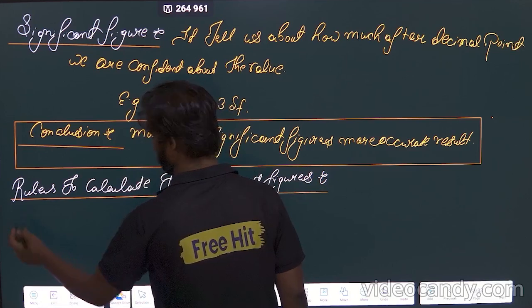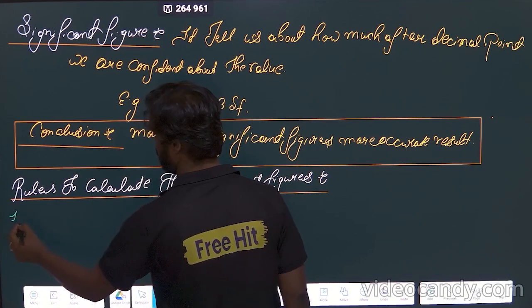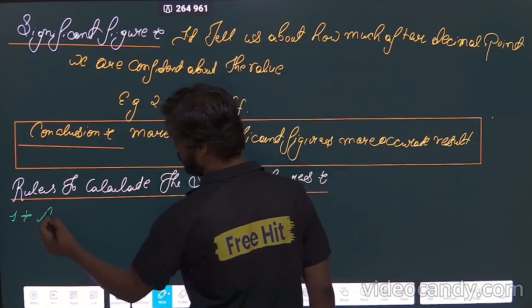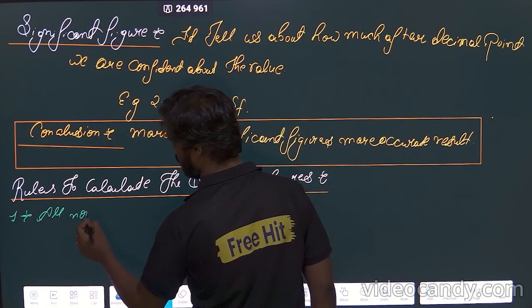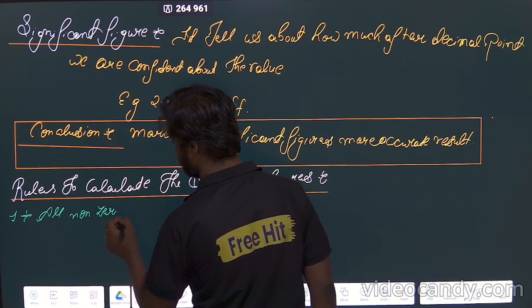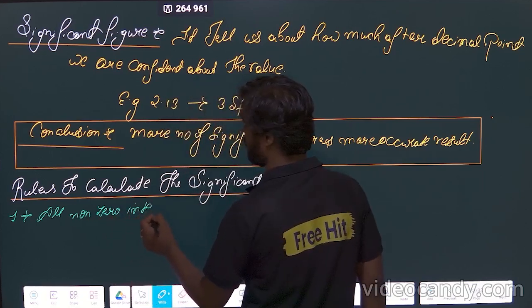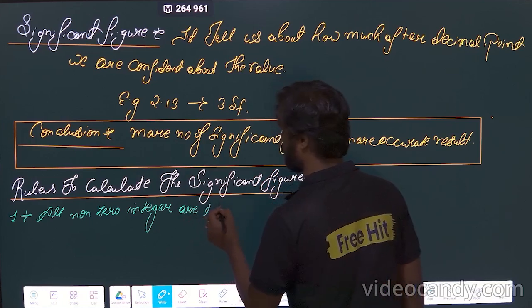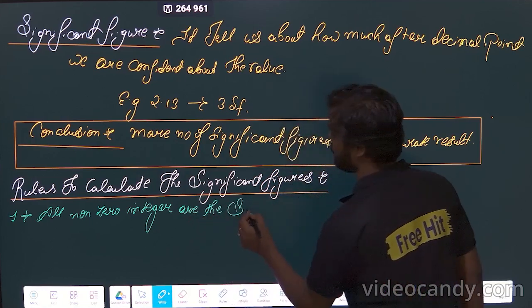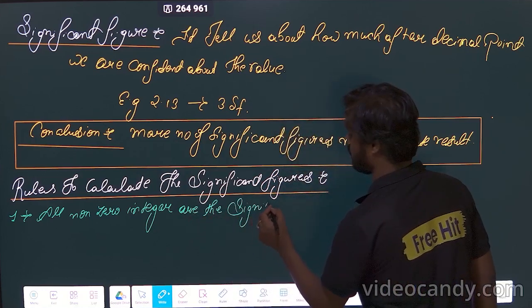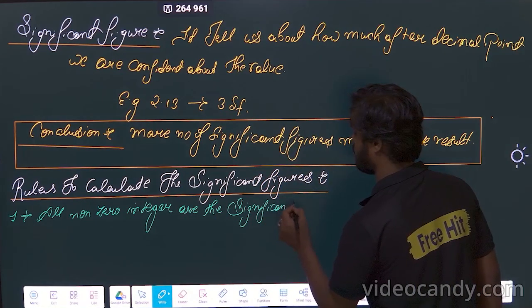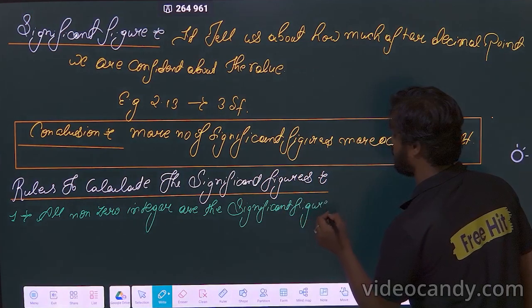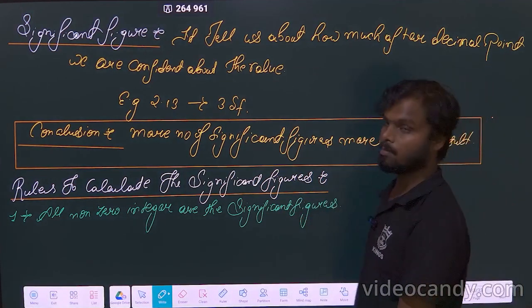Rule number 1: all non-zero integers are significant figures. All non-zero numbers are significant figures.